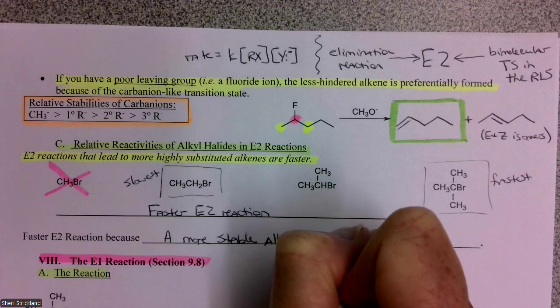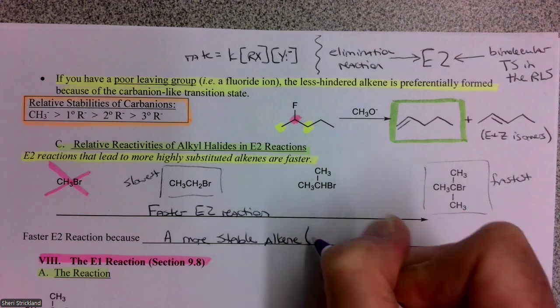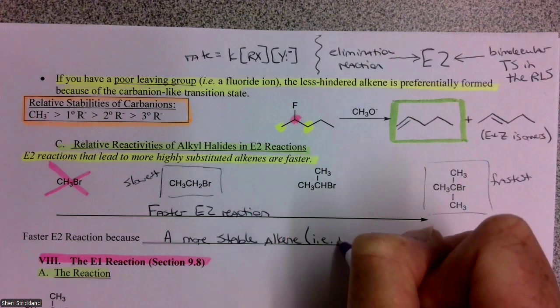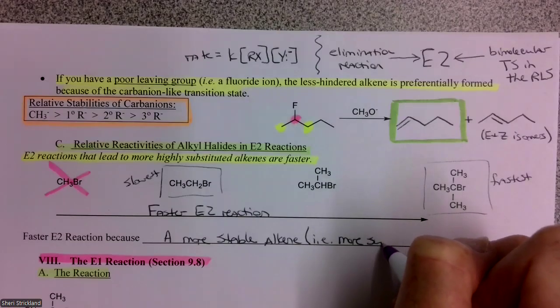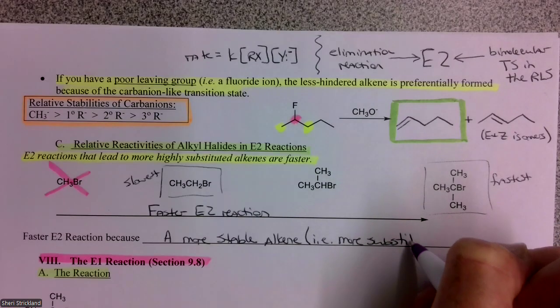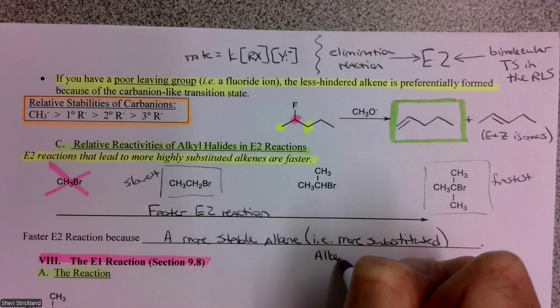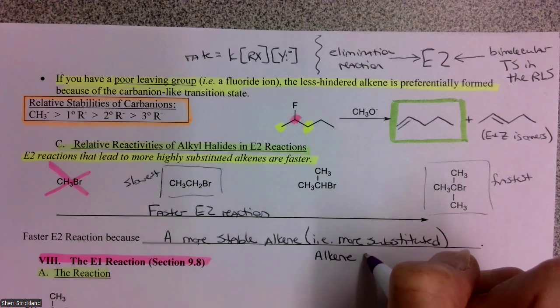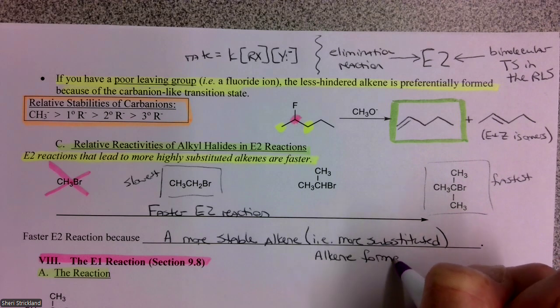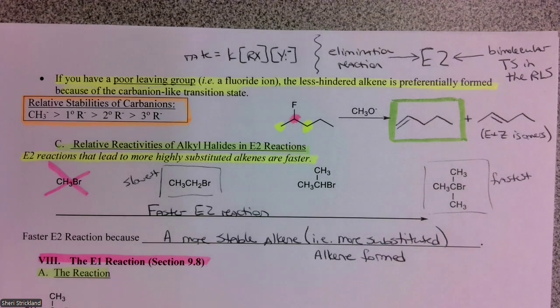That is a more substituted alkene. All right. So when Zaitsev's rule is followed, under normal circumstances, that's what you would see.